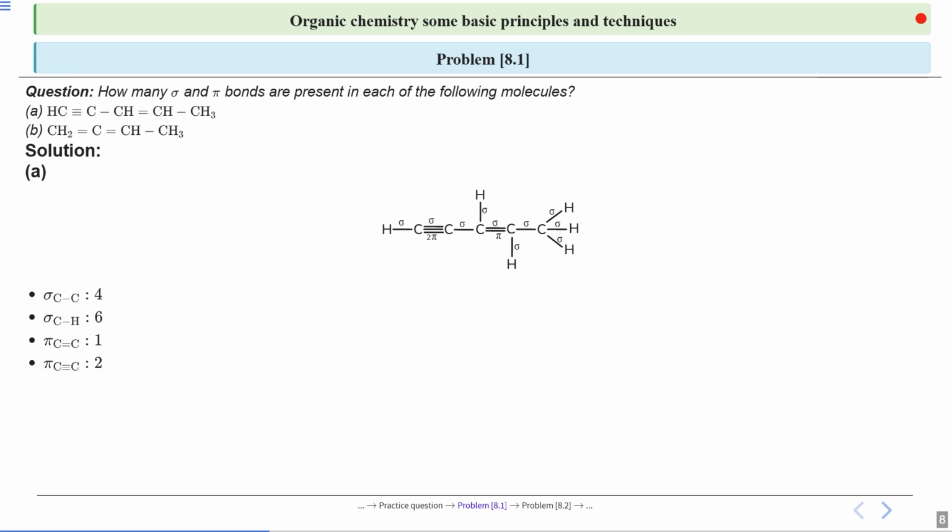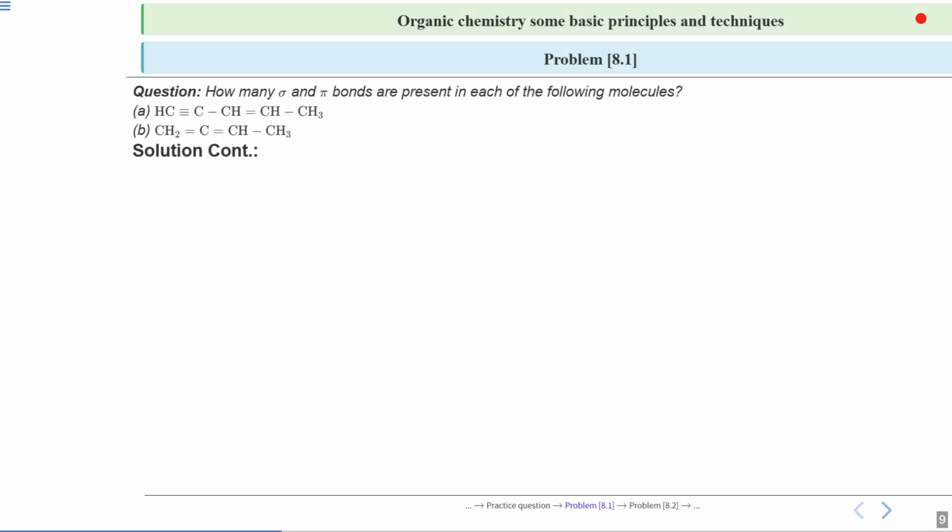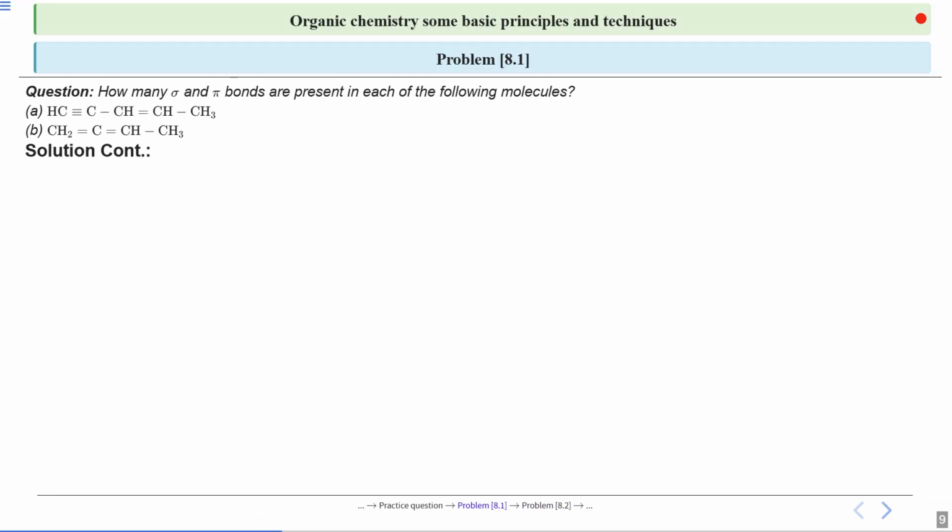Out of these 3 pi bonds, 1 comes from the double bonded carbon and 2 come from the triple bonded carbon. So this is your calculation of sigma and pi. Now, if you want, you can just add those and simply get your answer.